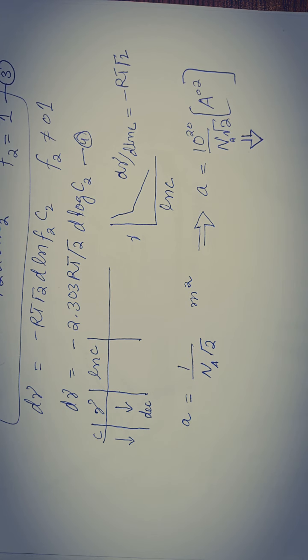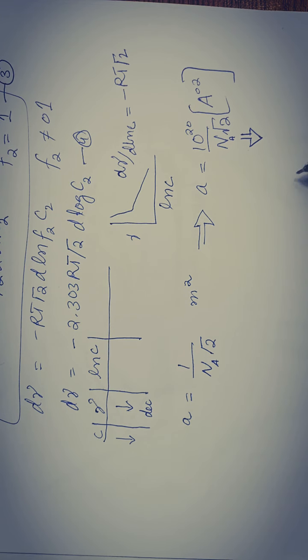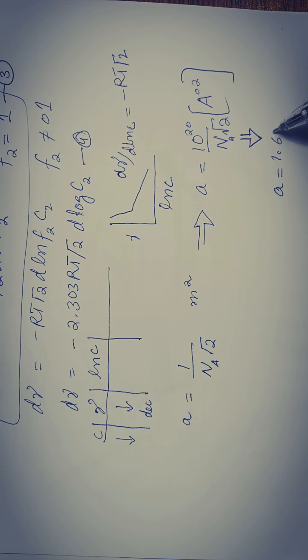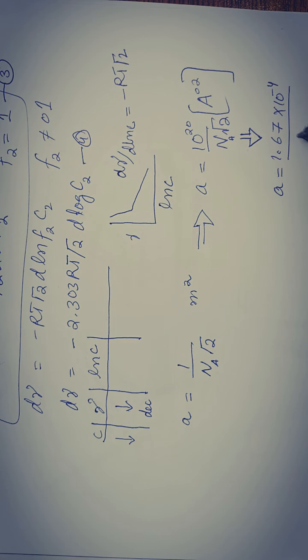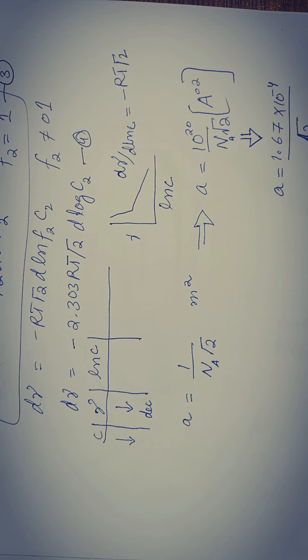By introducing the value of Avogadro's number, again we can rewrite this equation as 1.67 times 10 to the power minus 4 over the surface excess concentration having unit mole per meter square.